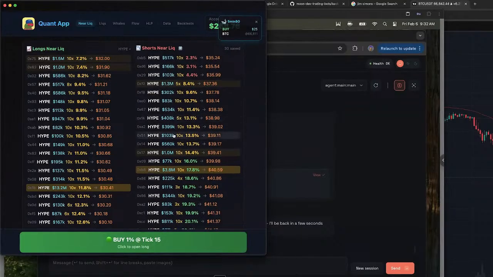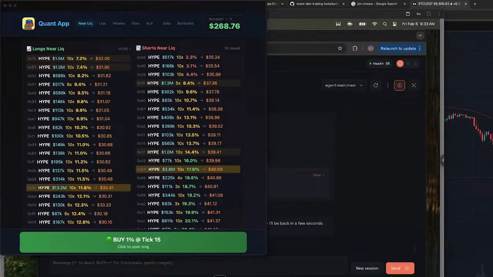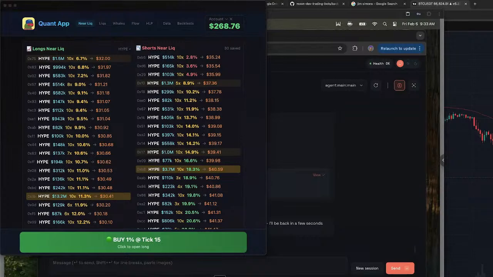Speaking of that, since you did show up here to this private Zoom today, I am going to give you the API key access and the Quant app. Just a bonus here. If you do get in before the end of the private Zoom, you're going to get the API key. You're also going to get the Quant app so you can see everybody's positions. And I think this is going to be enlightening to you because you've had worries, right?